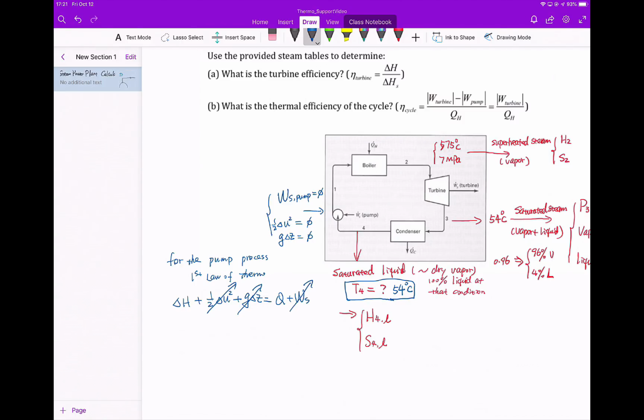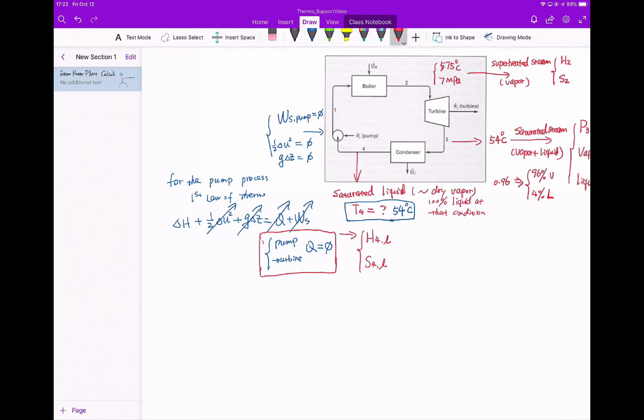What about Q? Well, this is a pump, right? Q for the pump, for the turbine, they are 0. That implies we are going to have delta H is 0 for this problem, for the pump.